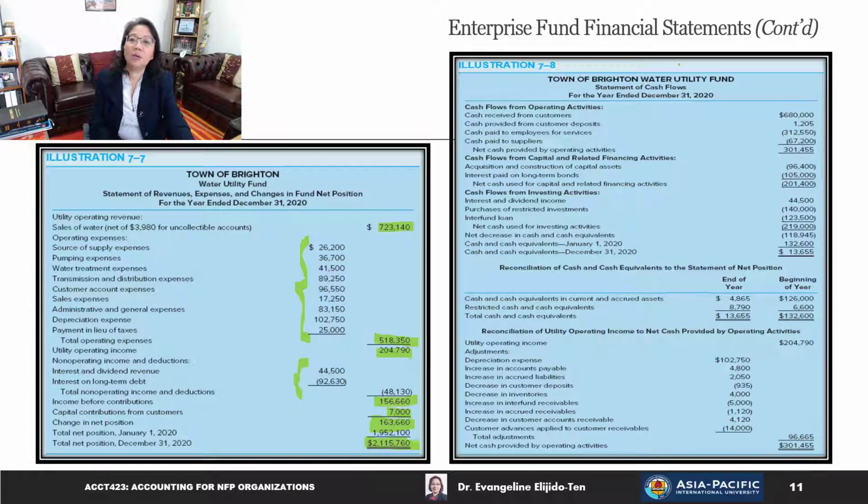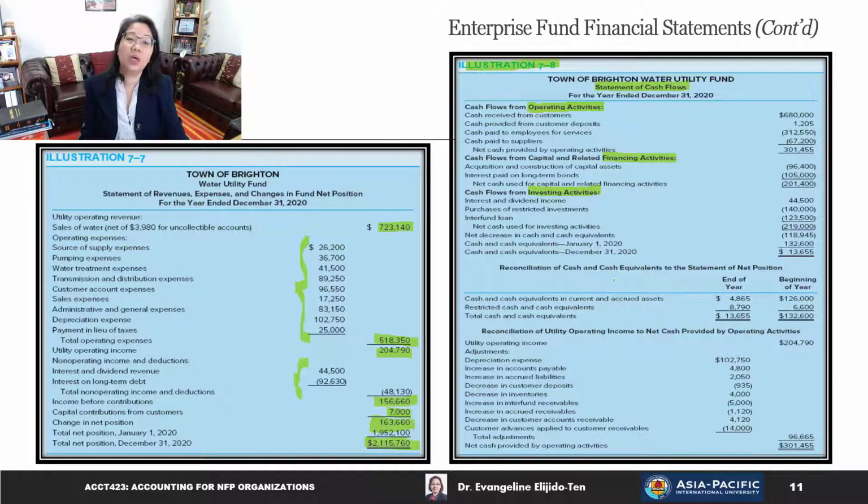Okay, now an example of a statement of cash flows for the town of Brighton's water utility fund is shown in illustration 7-8. So as you can see here, the cash flows from three main types of activities in the profit-oriented company statement of cash flows are exactly the same here. You have got cash flows from operating activities, cash flows from financing activities, and cash flows from investing activities.